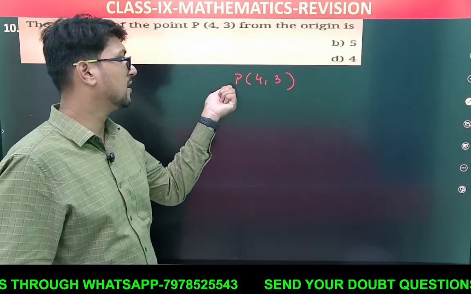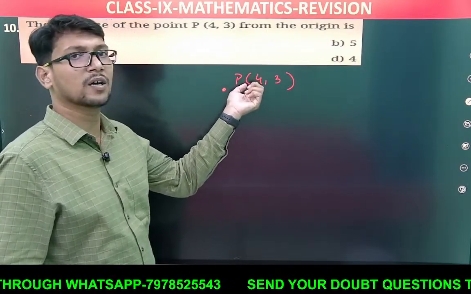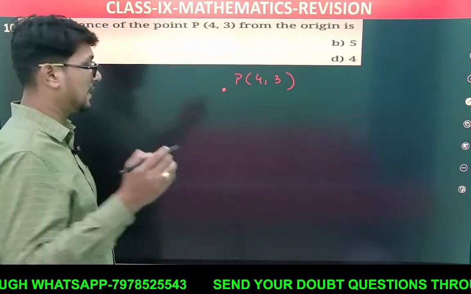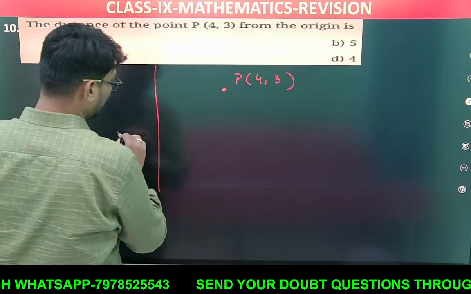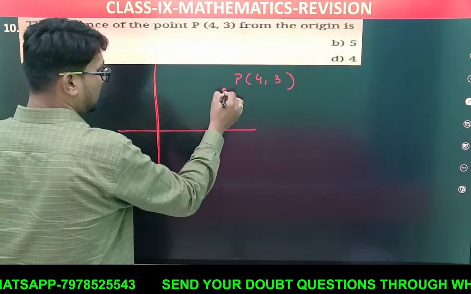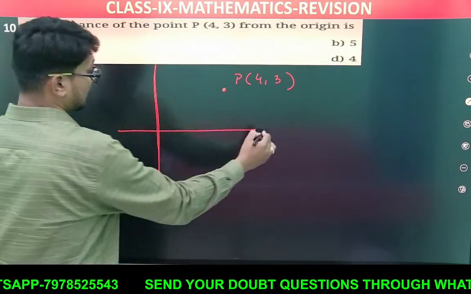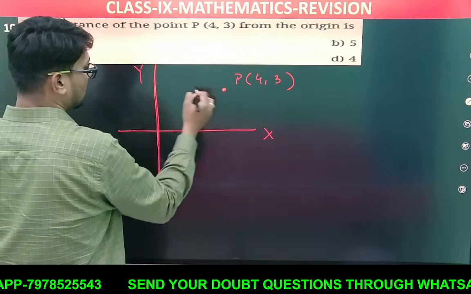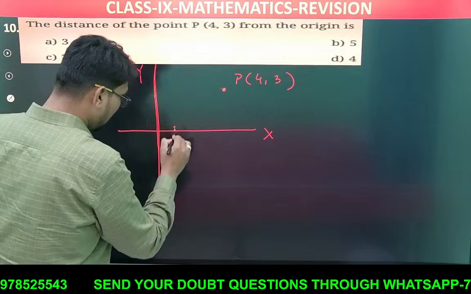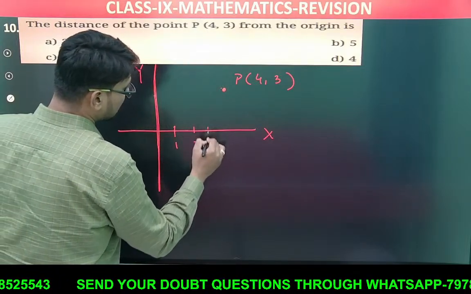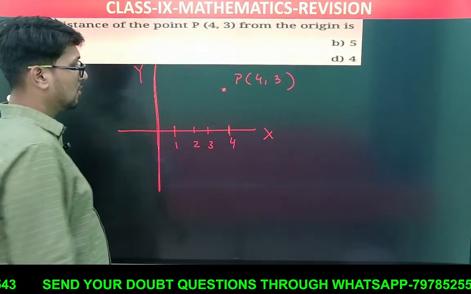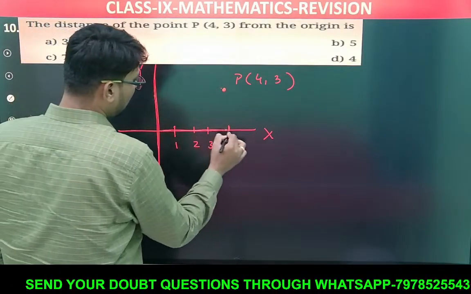This point is 4 unit from the y-axis. If I draw the Cartesian plane, this is the x-axis, this is the y-axis, and P is 4 unit from the y-axis. Matlab, the distance from this point to the y-axis is 4 unit. If I write this is 1, this is 2, this is 3, and this is exactly 4. Understood?